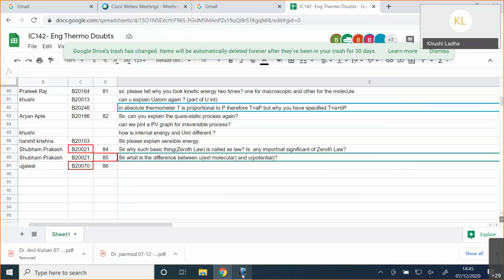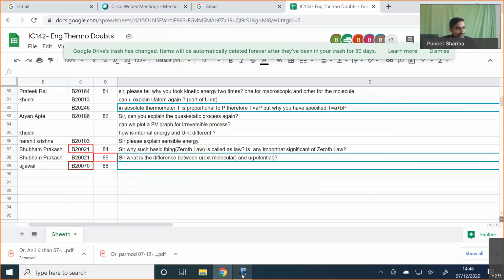Sir, can we consider rotational energy of a molecule in U translational, or is it only confined to U intermolecular? So basically, if we are having rotational energy, we are mainly confining it to U internal molecule only when molecular motions are about their molecular axis.